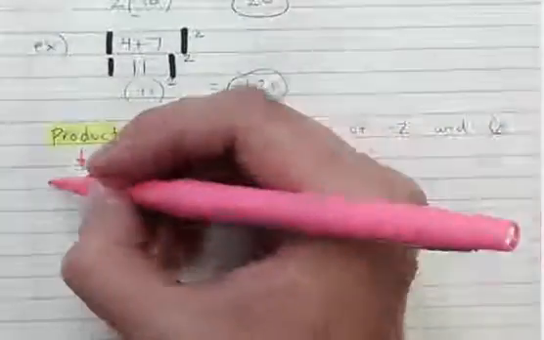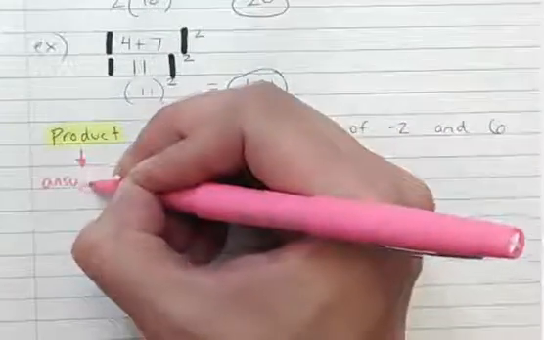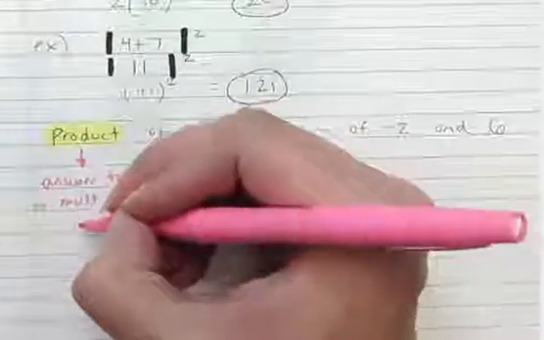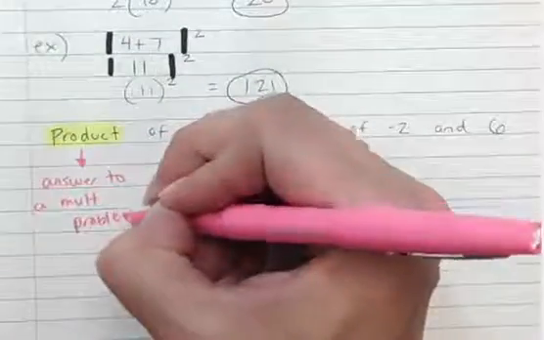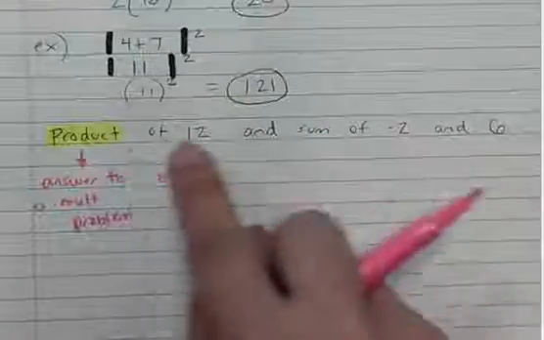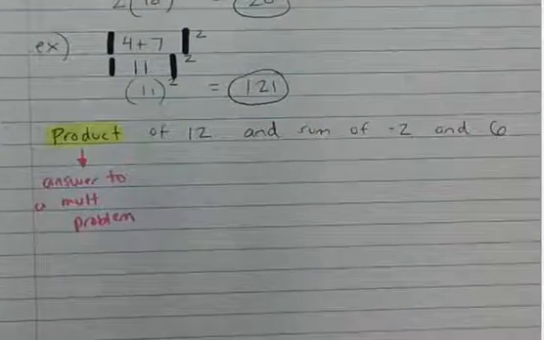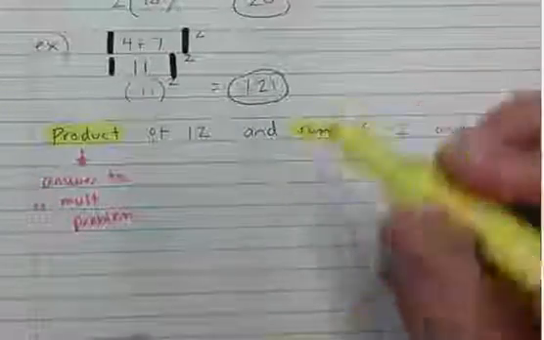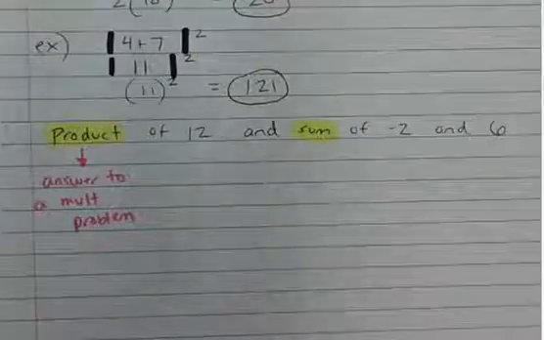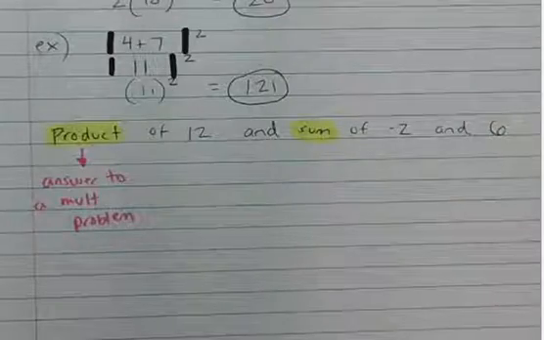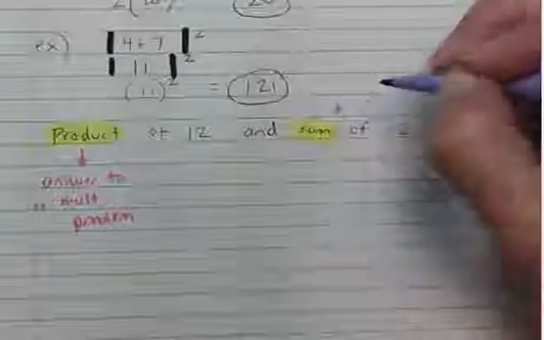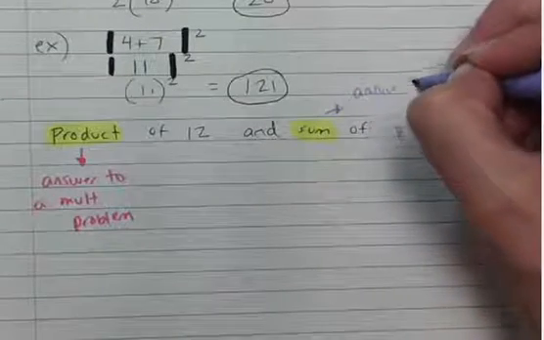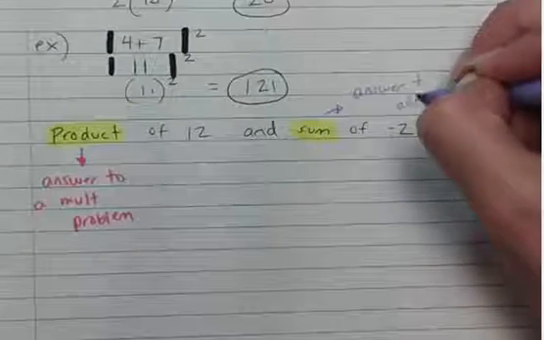In math, this would be considered the answer to a multiplication problem. So I know I need to have multiplication when I write this out. Another word that sticks out to me is sum. What does sum mean? Okay, sum is the answer to an addition problem.